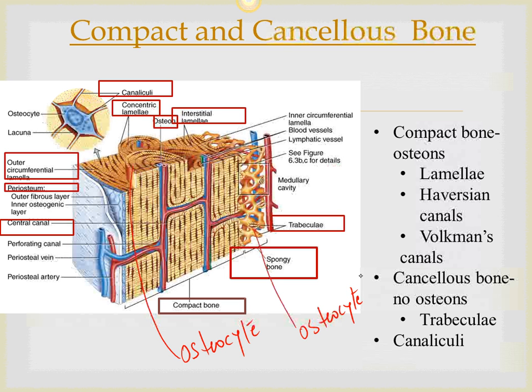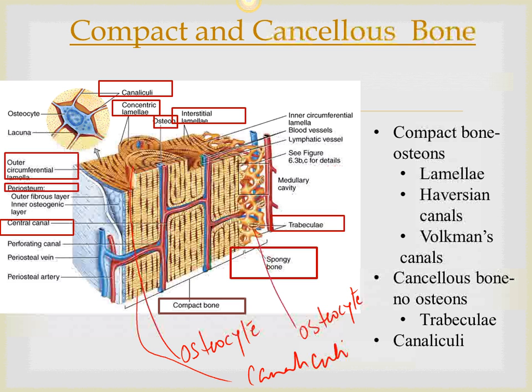Then connecting the osteocytes, you have these little thread-like canals known as canaliculi. This is a review of bone tissue, and even in trabecular bone you'll have these canaliculi, because all canaliculi do is connect one osteocyte to another and then to the central canal, and they help to transfer nutrients and waste products, right?